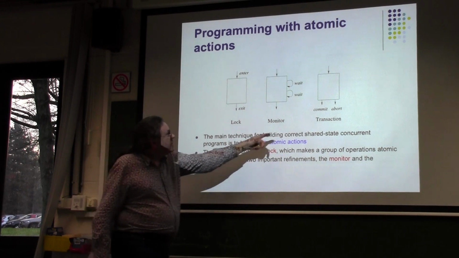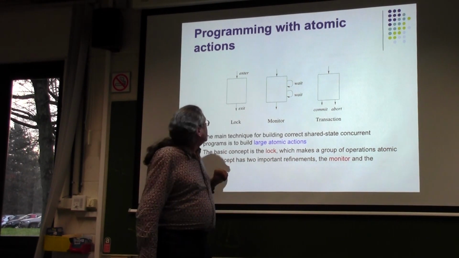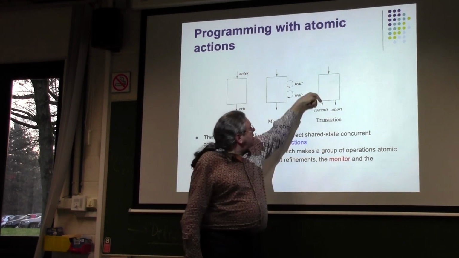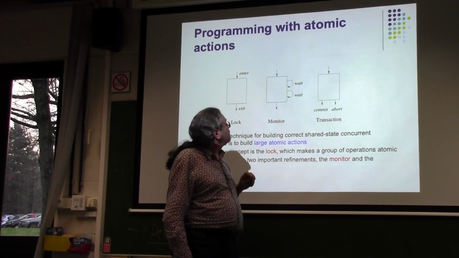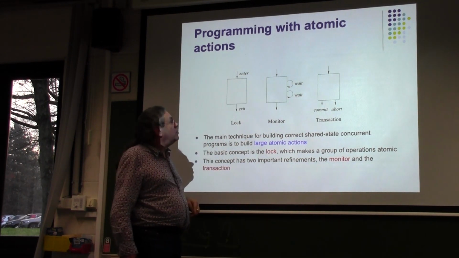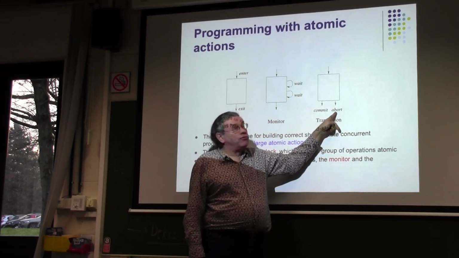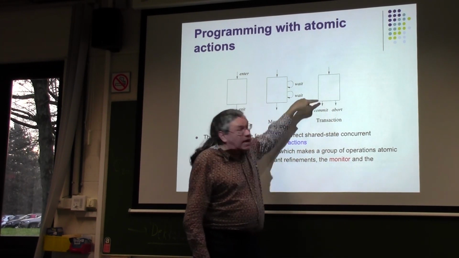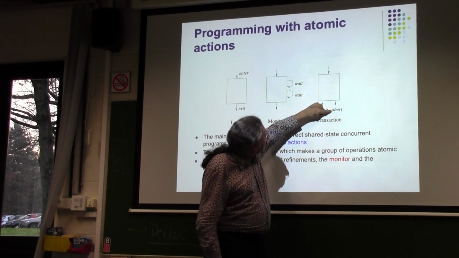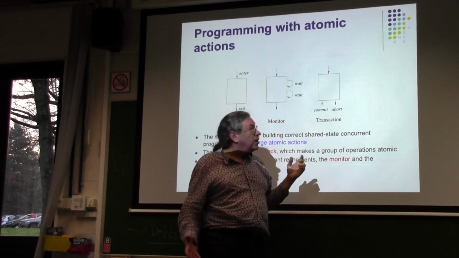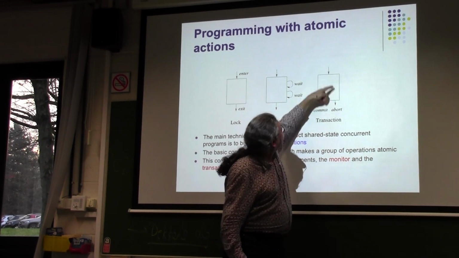And the final one is called a transaction. This is where instead of just exiting, the transaction has two possible exits. The commit corresponds to exit, it's just a normal execution, but there's another exit called abort, which means that the whole operation is cancelled. So the state at the abort is the same state as the input, so it's still atomic. It's like nothing happened.